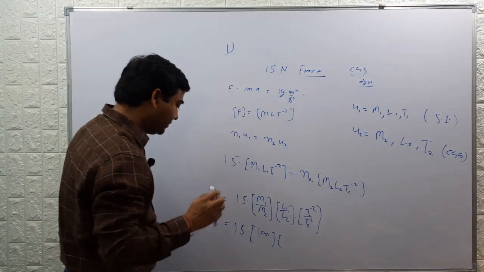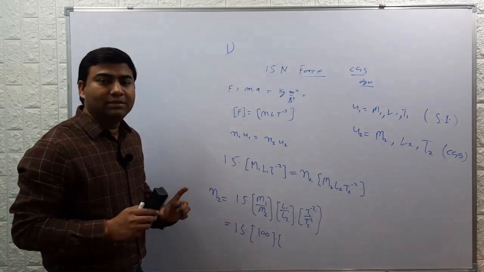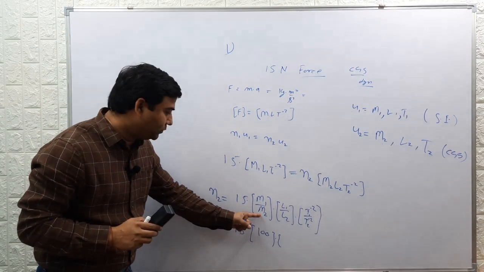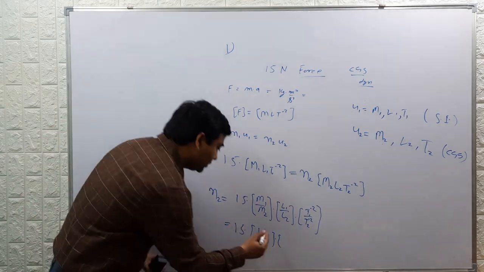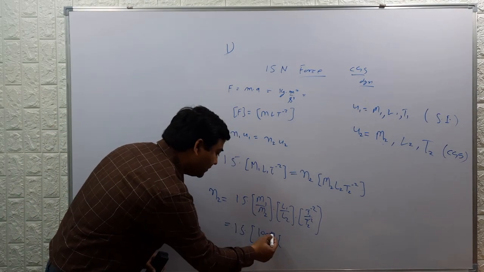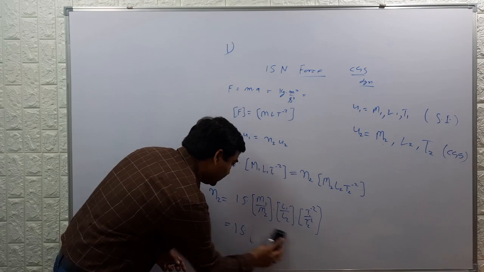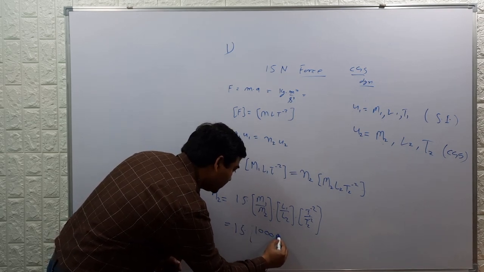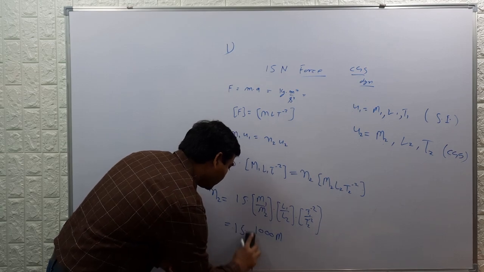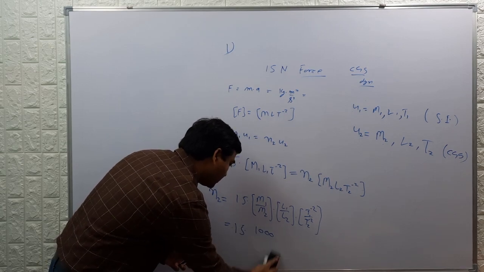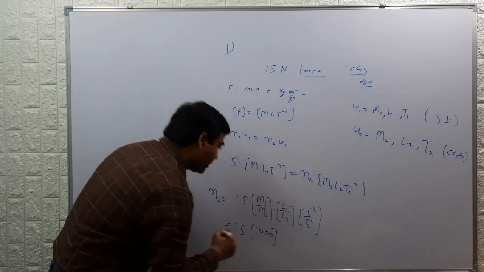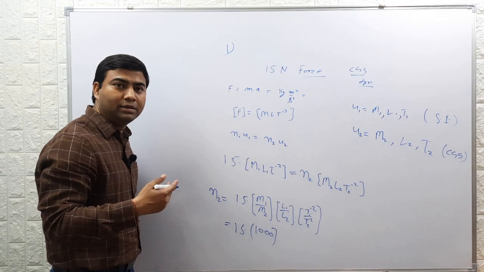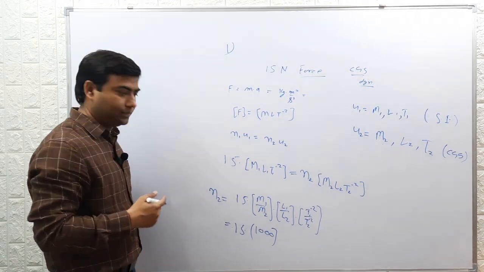Sorry, we have made a mistake. M1 is the mass. So M1 is kilogram and M2 is gram. So this will be 1000. 1 kilogram is equal to 1000 gram, because M1 is kilogram and M2 is gram.